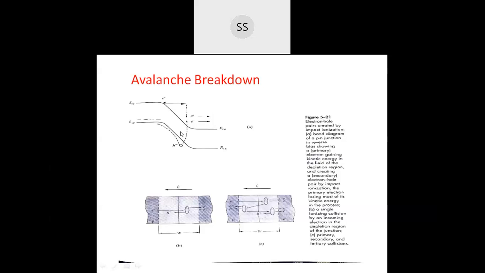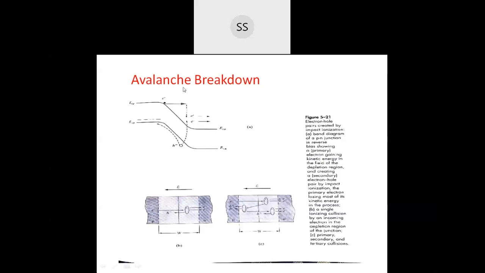Now the original electron and generated electron are both swept to the n side, and holes are swept to the p side. So in the avalanche breakdown, one electron, under the effect of impact ionization as well as lattice scattering, is going to generate newer electron hole pairs, EHPs.